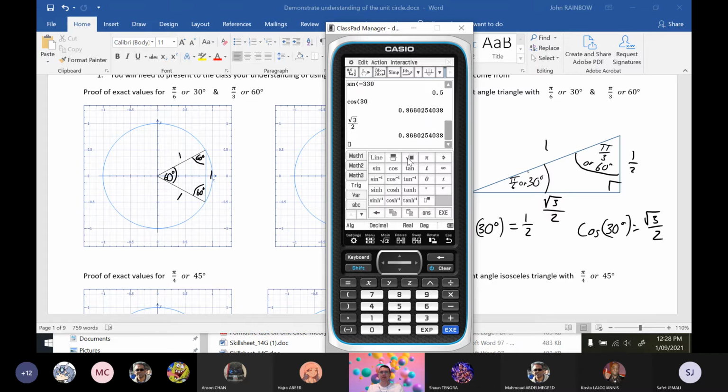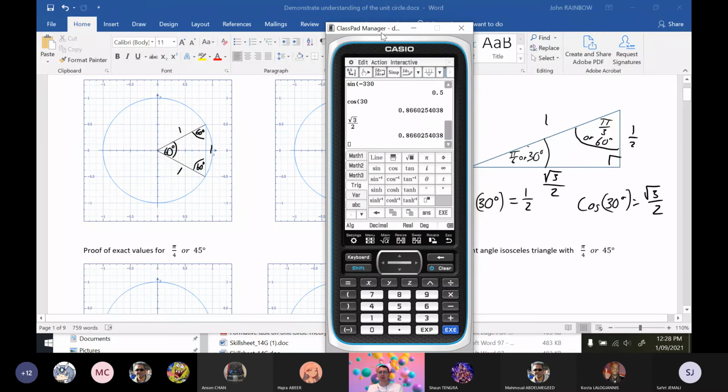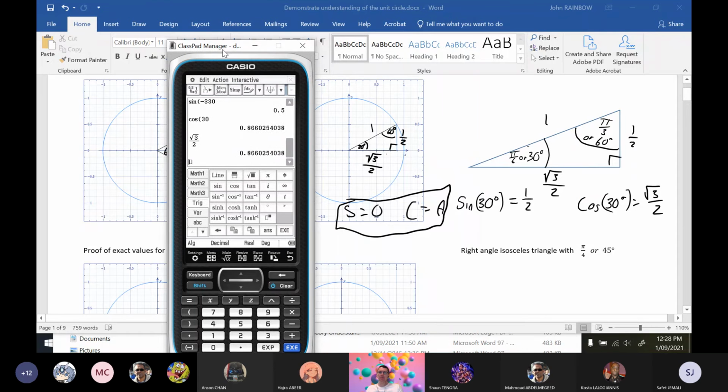It is the exact value of cos 30 degrees. It's root 3 on 2, this length, which is approximately 0.87 times the ratio to 1 for the hypotenuse.